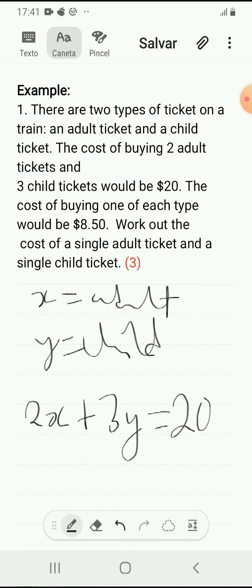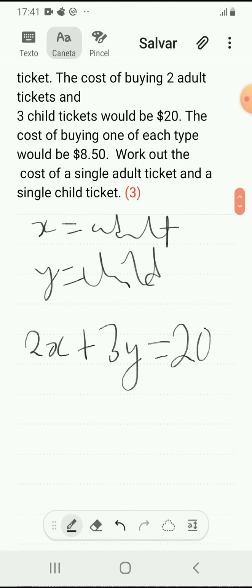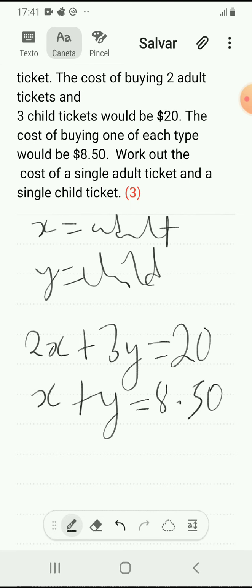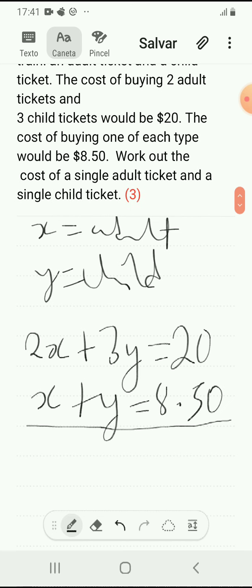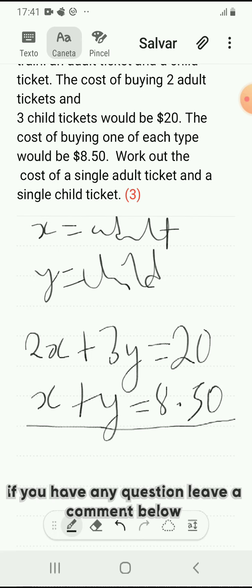And it says the cost of buying one of each type, so it's x, one adult ticket, plus y, for child, is $8.50. So now you can use the elimination method to solve this, and you find the value of x, and that would be the cost of a single adult ticket, and the value of y would be the cost of a single child ticket.